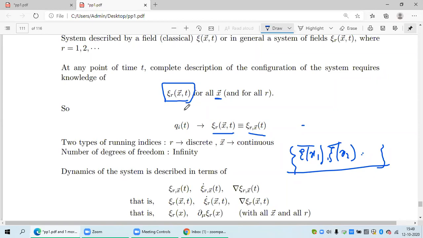Therefore, those values of that field at all points behave as if they are generalized coordinates for the system, and I write it that way.